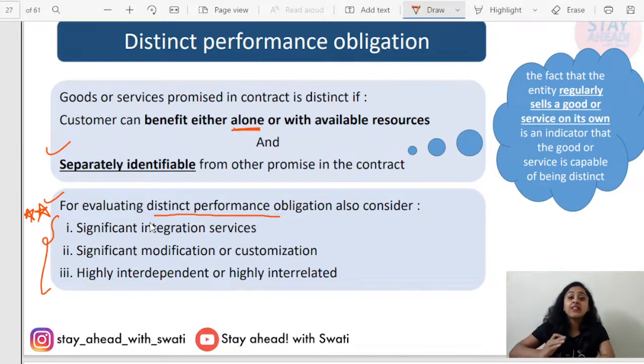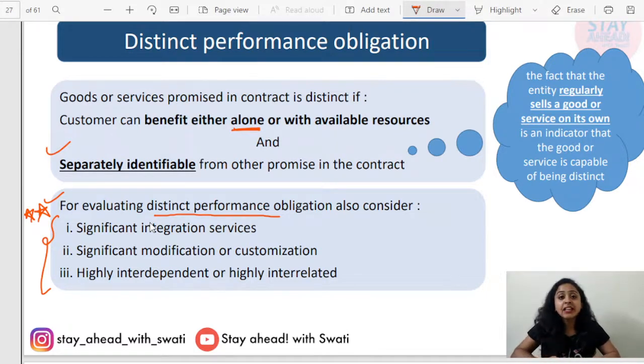Thirdly, if it is highly interdependent, then it cannot be separated. No distinct goods and services, no distinct performance obligation. But if it is not interrelated, it is highly independent, not dependent, then you can consider it as a distinct performance obligation.